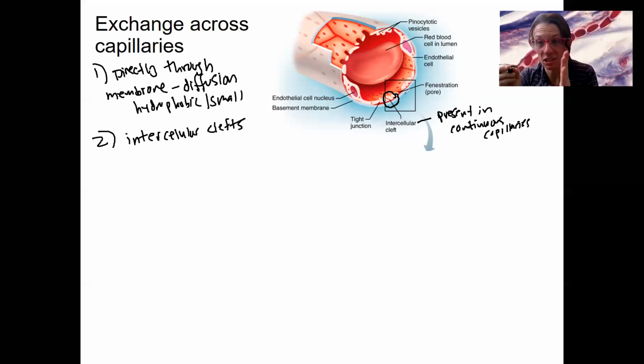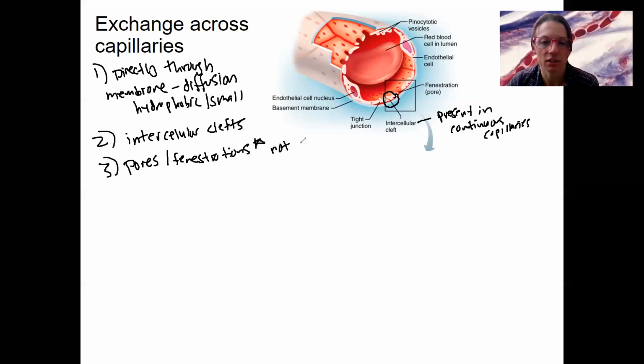You know what a cleft is, like a space, as opposed to a hole. So they're a little smaller than pores. The third way is going to be pores. What are these called? Also, fenestrations. These are not present in all capillaries, right? Not in continuous. And both pores and clefts are going to allow bigger things through, things that can fit through there. So it does not have to be hydrophobic because it's not going through a plasma membrane.